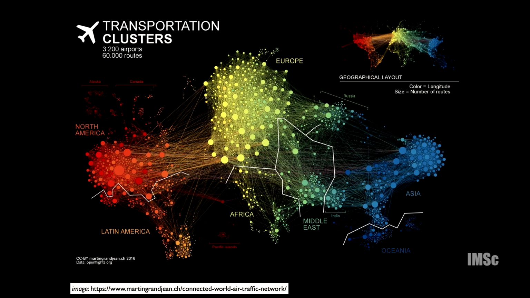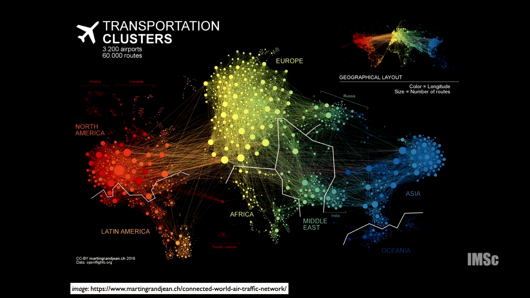But then you could ask, okay, fine. Suppose I don't care about the specific location, but I can still retain the information about the longitude. So I allow this map to be deformed in such a way that the nodes can cluster according to the connections that they have.